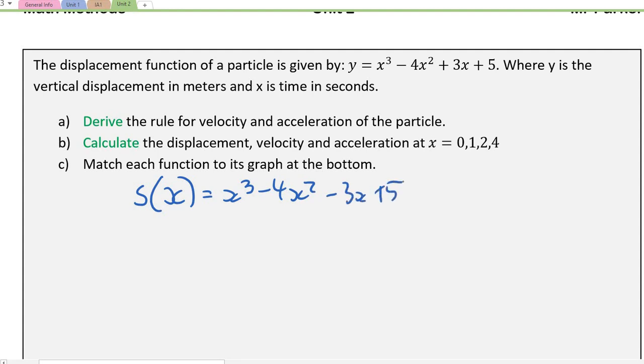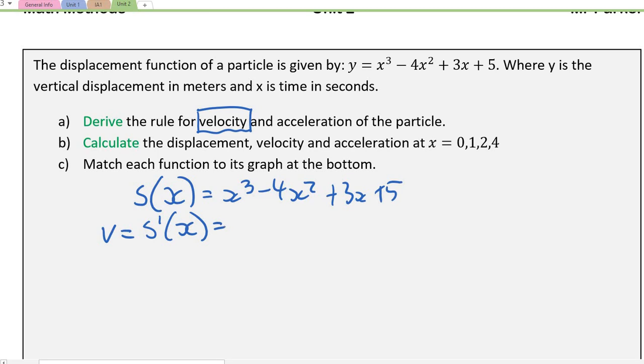Now, I want to find the velocity function first. So my velocity is just going to be equal to the derivative of my displacement function.